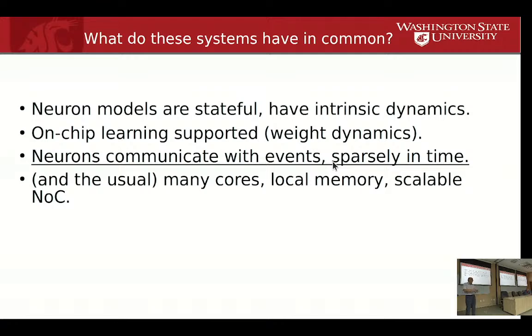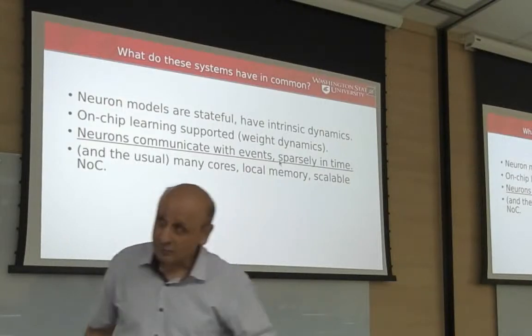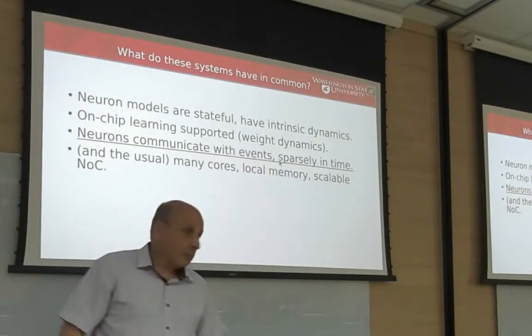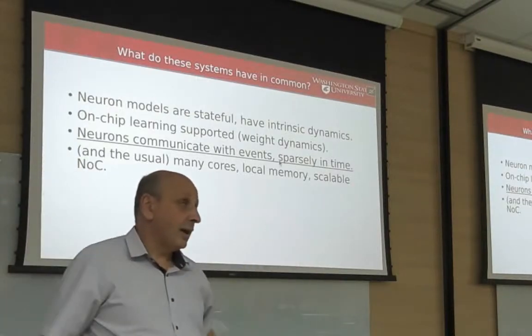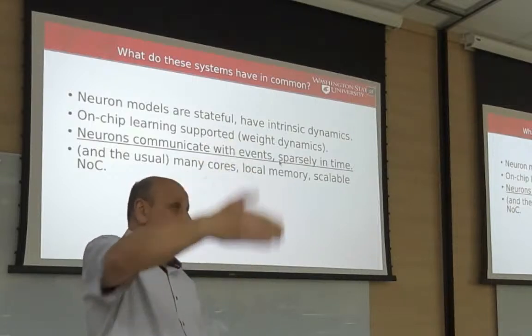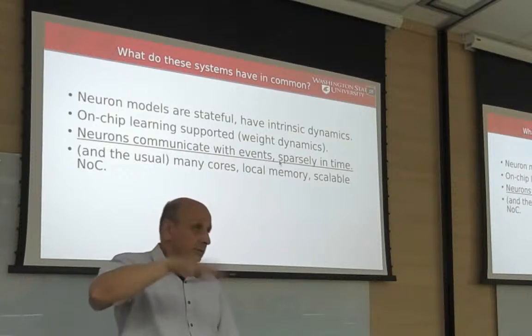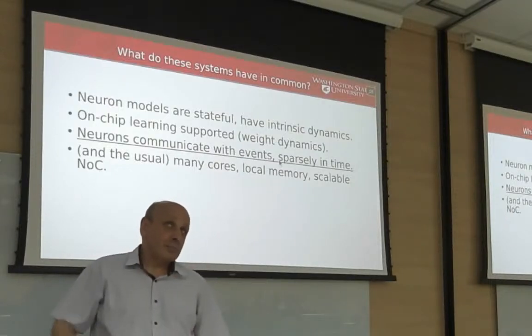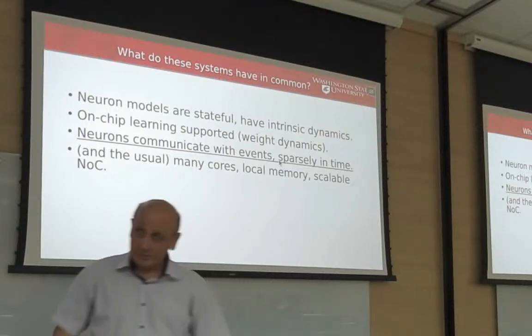Computing and memory are local, so everything is local memory. You can think of it as one big cache. And there is a network on chip that is designed to scale so those chips can be tiled, and the overhead for communication to other parts of the system is designed to be minimal.